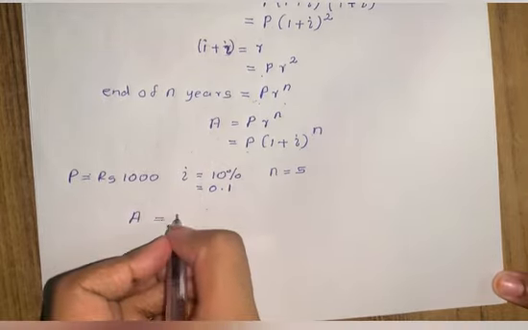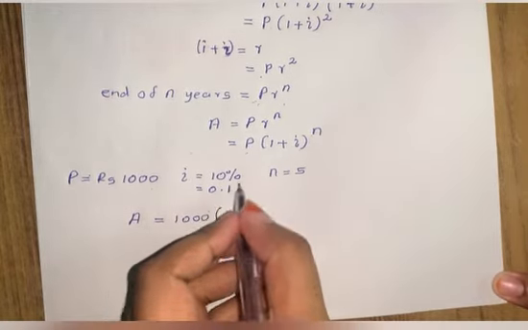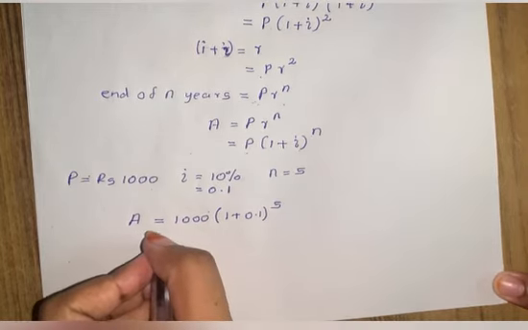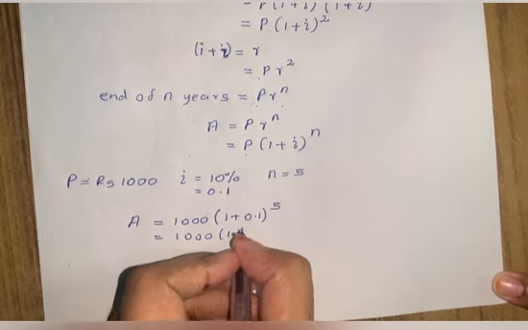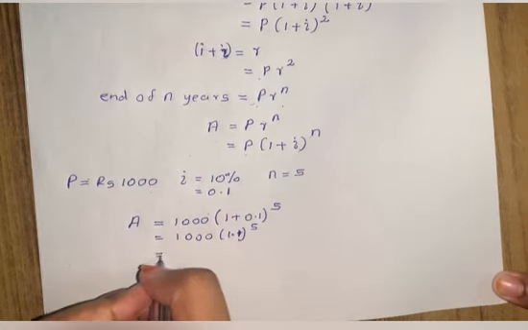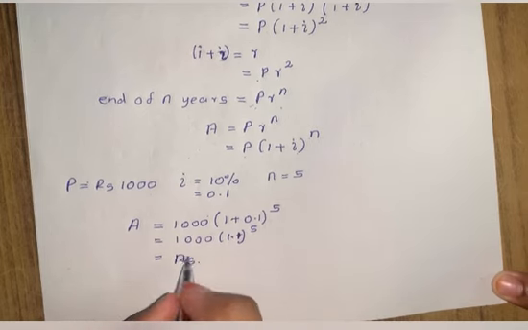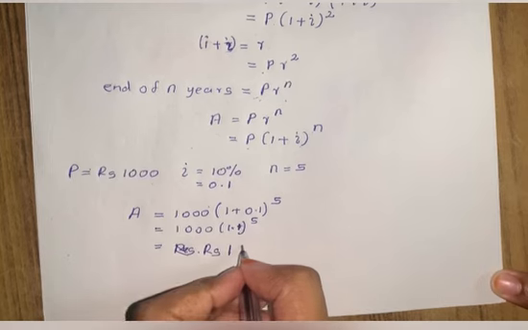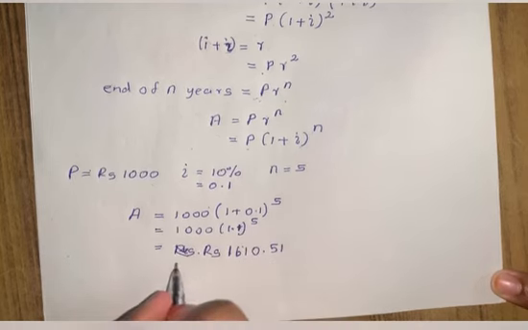So the acquired amount at the end of 5 years will be 1000 into 1 plus 0.1 to the power of 5, which is 1000 into 1.1 to the power of 5. That comes to nearly 1610 rupees and 51 cents.